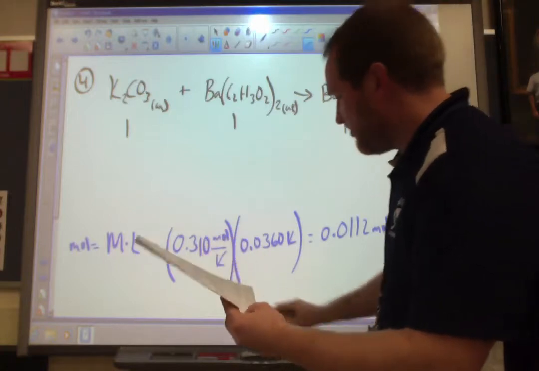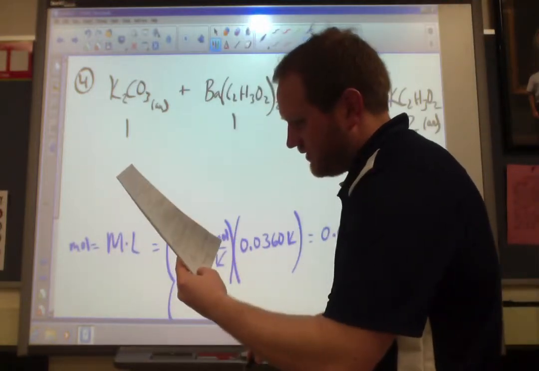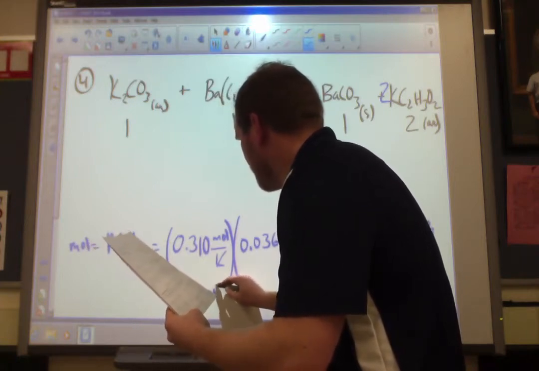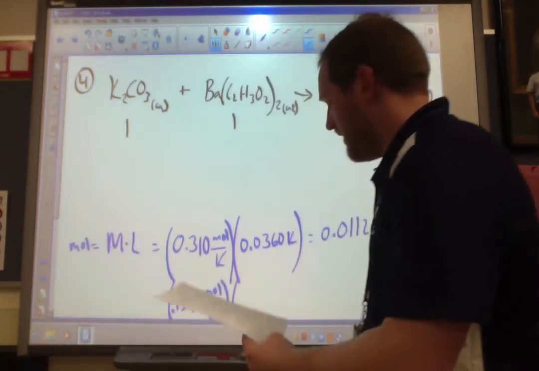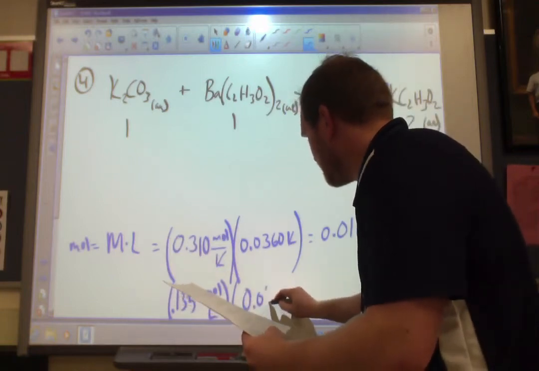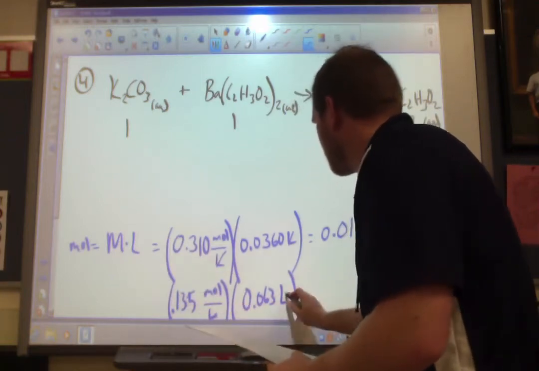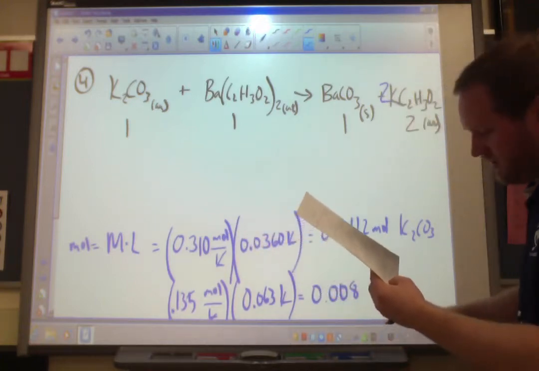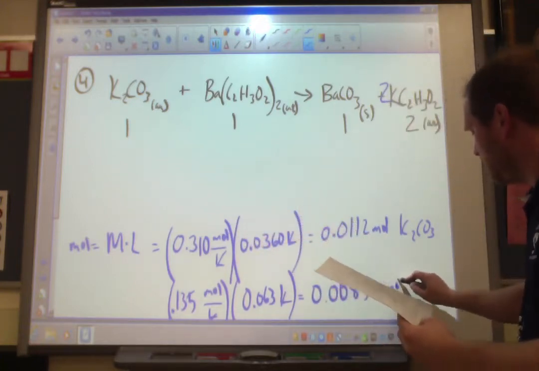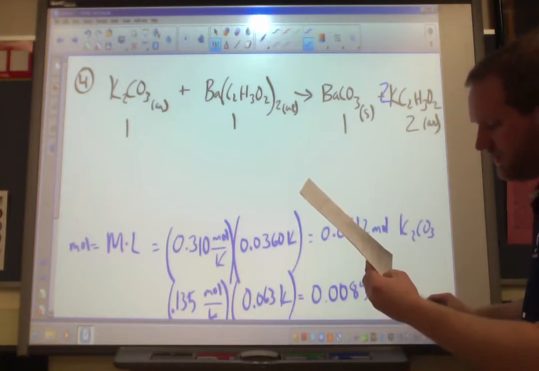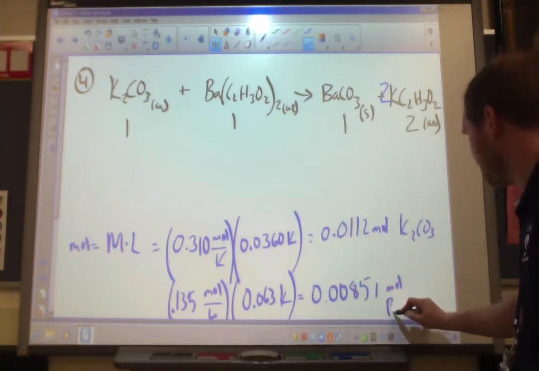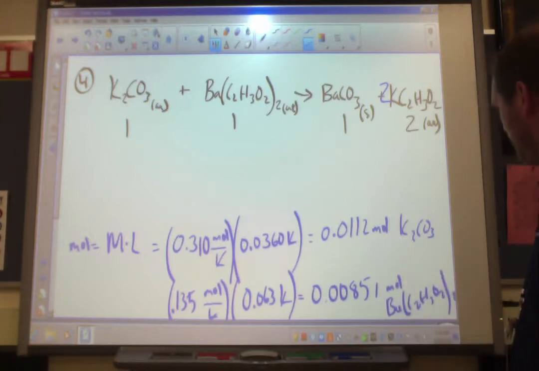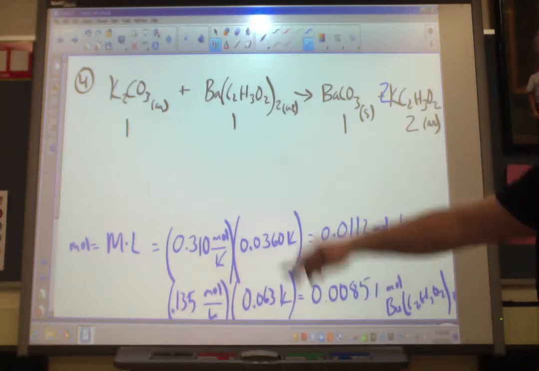And for my other calculation, it's 0.135 moles per liter. That's my molarity. And my volume for that is 0.063 liters. Liter cancels liter. Giving me 0.00851 moles of barium acetate. Alright, so I found my moles, and these are going to go right up here.